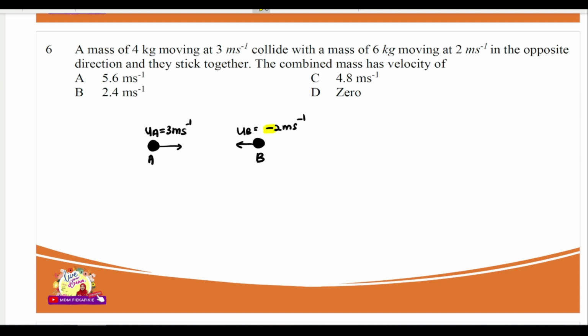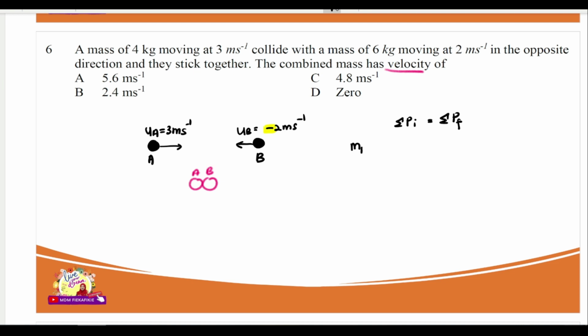The combined mass has a velocity of, so after collision, what happened? A and B will stick together and move with the same velocity. So the question asks us to calculate it. So we will use the conservation of momentum, which is total momentum initial is equal to total momentum final. So initially A and B are both moving, so each has its own momentum.